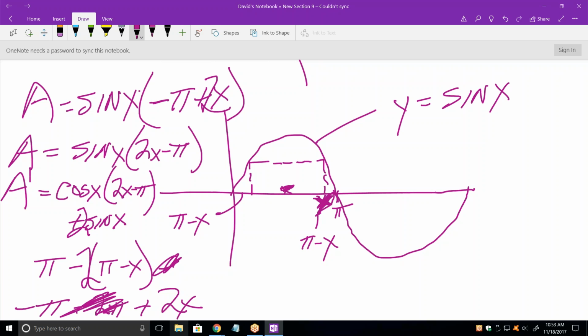So I'm going to make 0 equal cosine of x times 2x minus pi, and I'll move the other to the left, the plus 2 sine x, so that becomes minus 2 sine x. And now I have to solve that. How am I going to solve that?